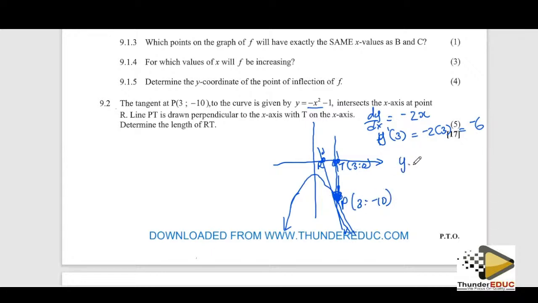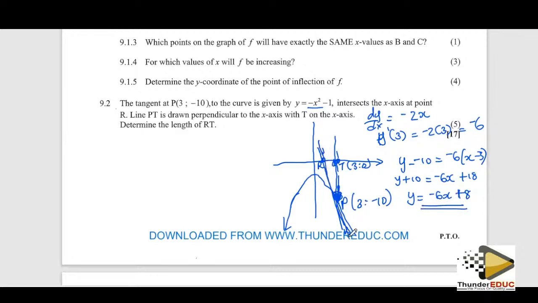So y minus -10 is equal to -6 into x minus 3. I'll open up: y plus 10 is equal to -6x plus 18, which means y is -6x plus 8. That is my equation of the tangent.